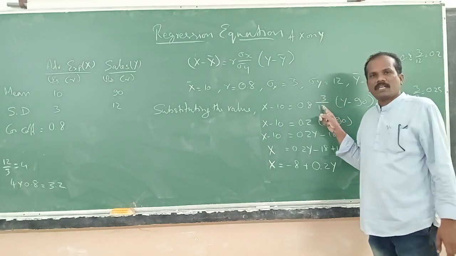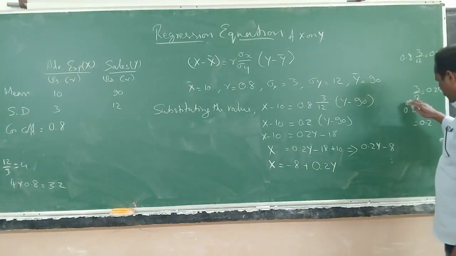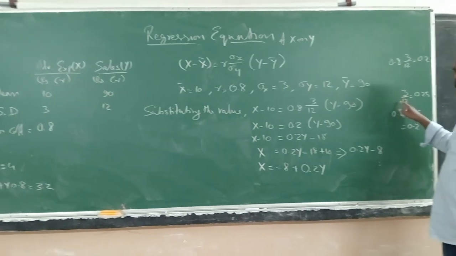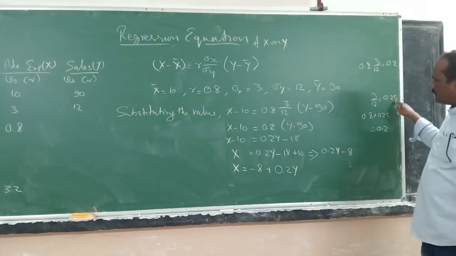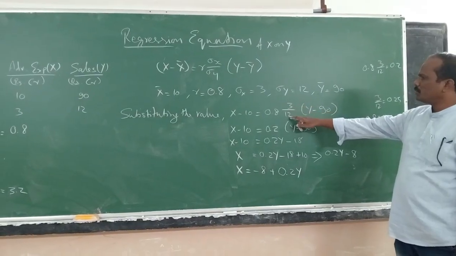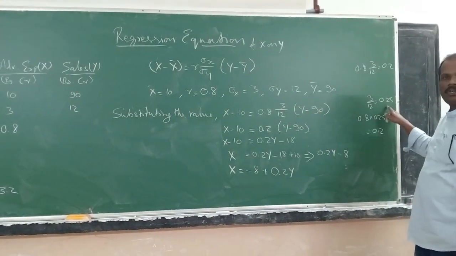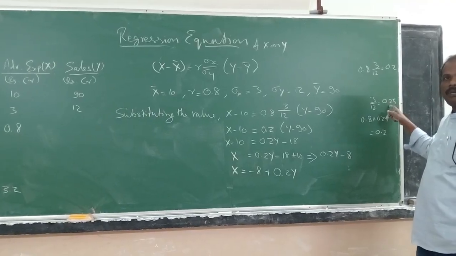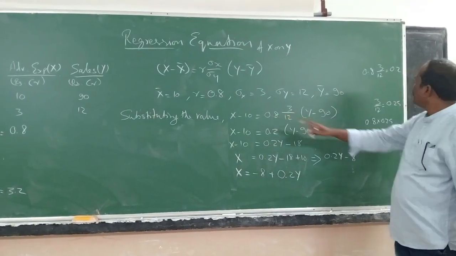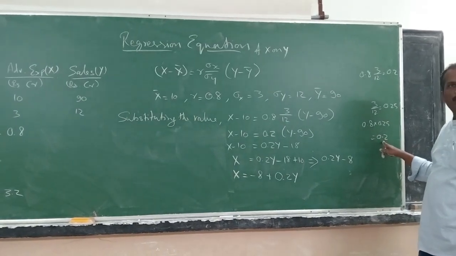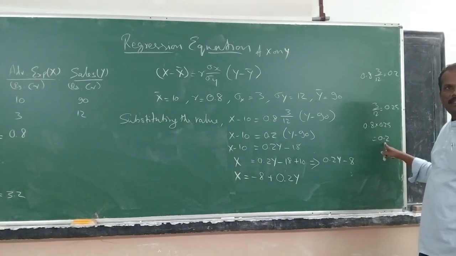When we divide 3 by 12 we get 0.25, and when we multiply 0.25 by 0.8, we get 0.2.